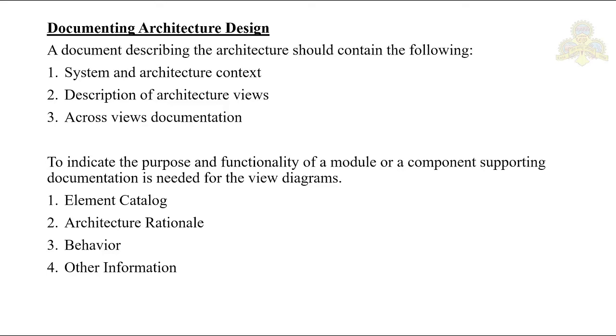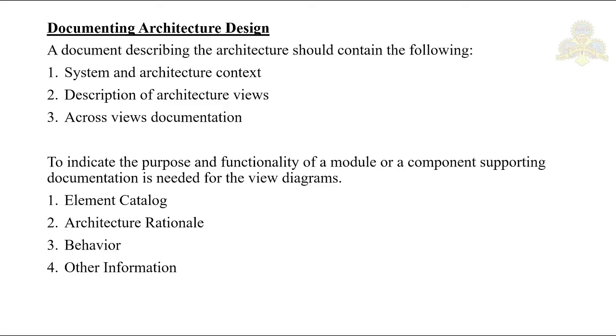So apart from the diagrams, you have to give supporting documentation. What is the supporting documentation for these view diagrams? It should contain some or all of the following: the element catalog, architecture rationale, behavior, and other information. We'll discuss these one by one now.